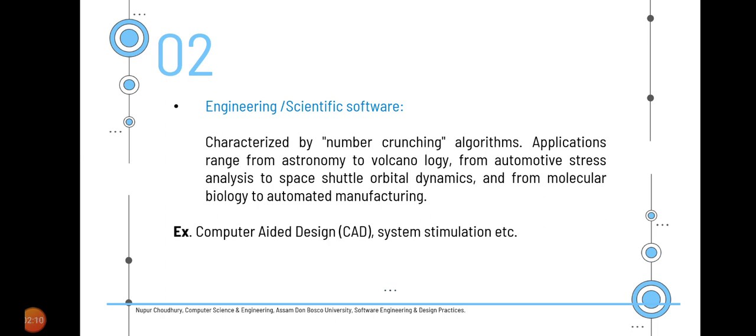Applications which deal with astronomy to volcanology, automotive stress analysis to space shuttle orbital dynamics, and from molecular biology to automated manufacturing. Almost all possible engineering solutions are given through this engineering or scientific software. That is, they can be simulated using this software and effective results could be analyzed and executed. For example, computer aided design or system simulation, etc.